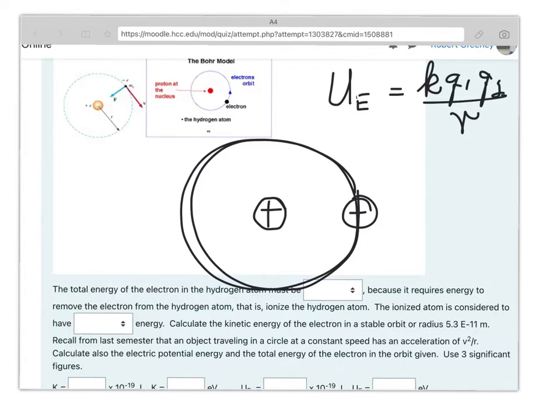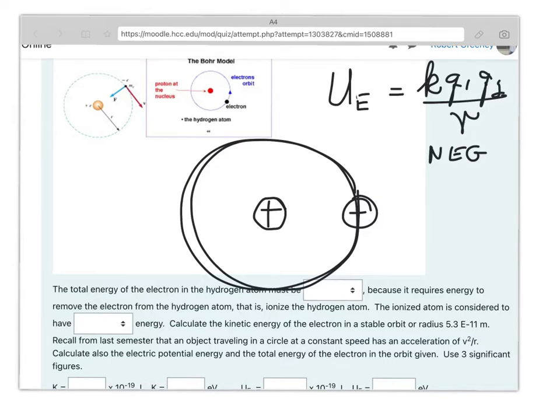And you'll notice that the proton and electron are positive and negative, so there's an attractive force. So the potential energy is going to be negative. And if you look down at the first question, the total energy of the hydrogen atom must be negative.